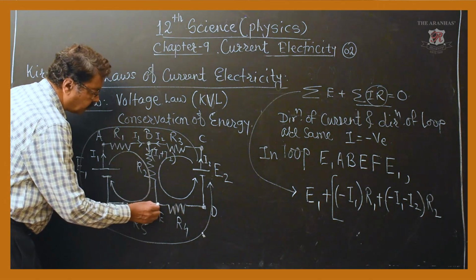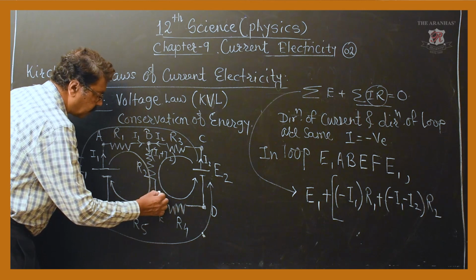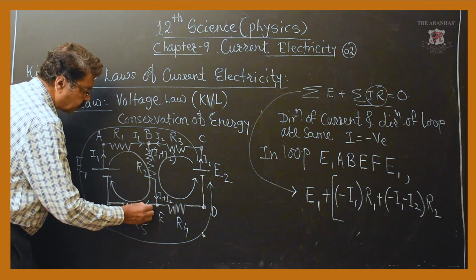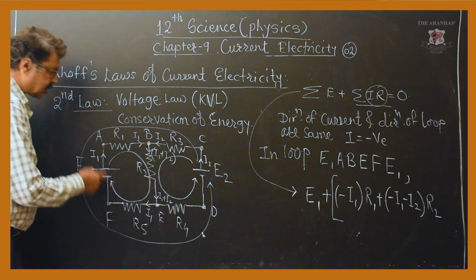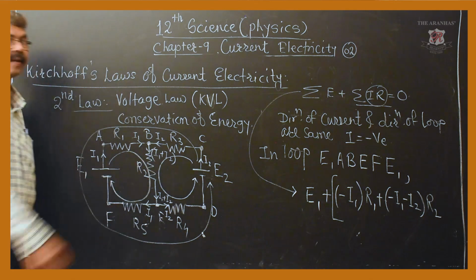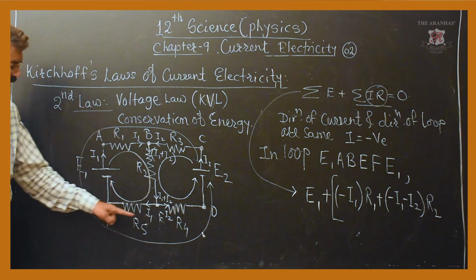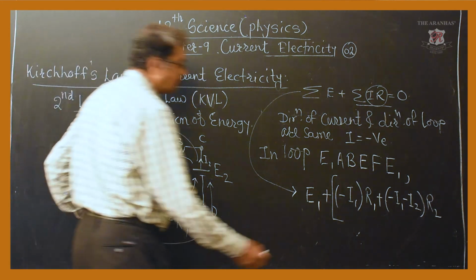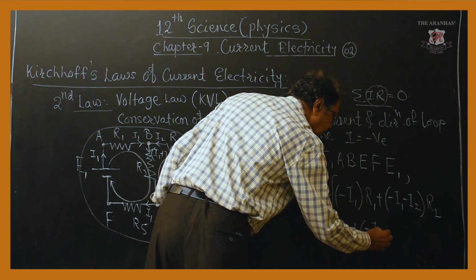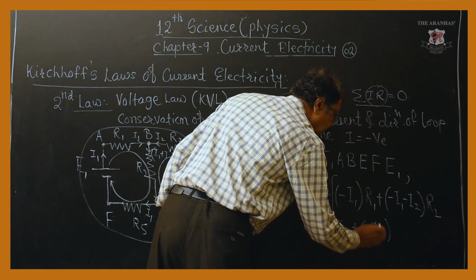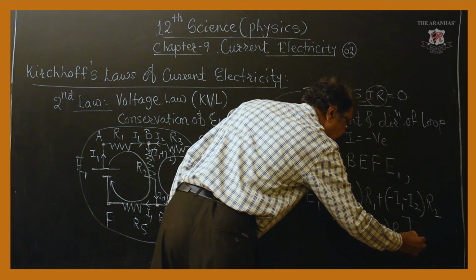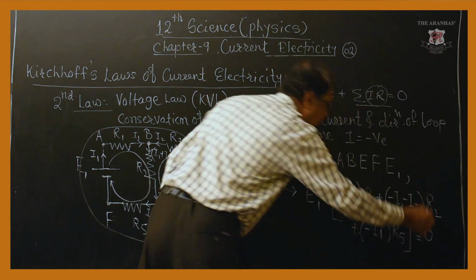At this junction, what is the current coming in? I1 plus I2. Out of that, I1 will return to the first cell and I2 will return to the second cell. So I1 is the current flowing through R5, equal to 0.